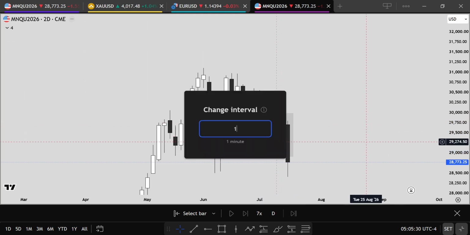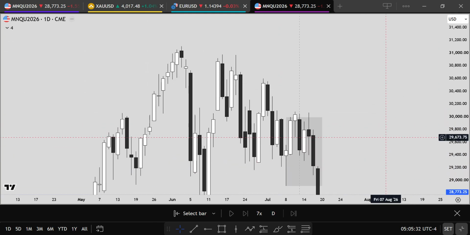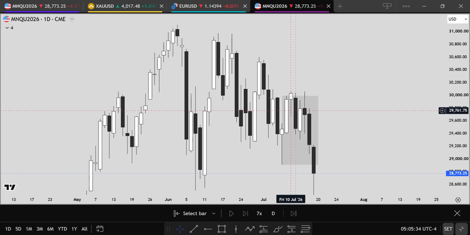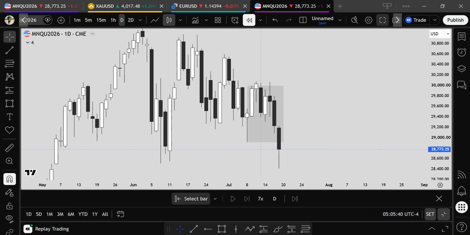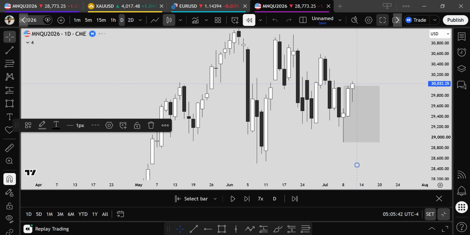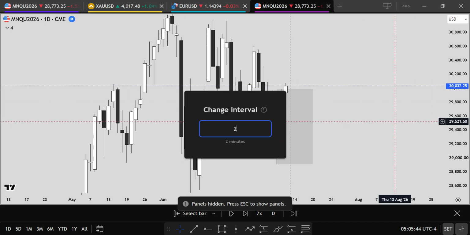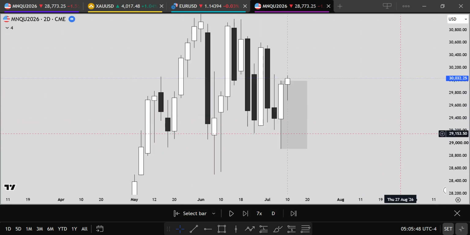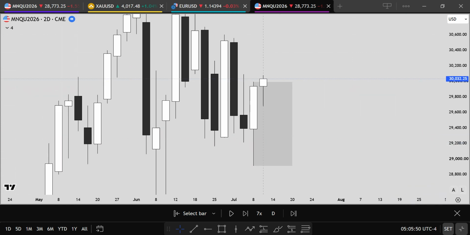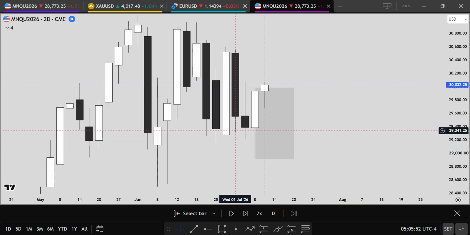Okay, so now here you can see when you check the 2-day, okay, daily time frame, this is the Monday, right? When you check this with the bar play, let's see with the bar play. Okay, so here you can see bar play. When you check the 2-day time frame, when you zoom in, here you can see this candle closed bullish, and I already told you why this candle closed bullish.